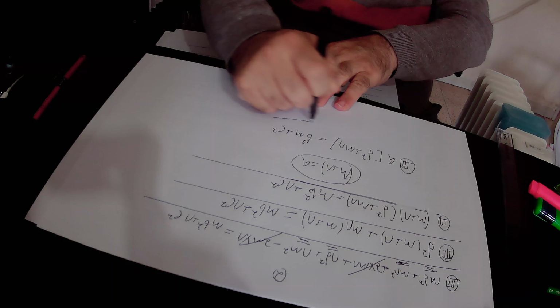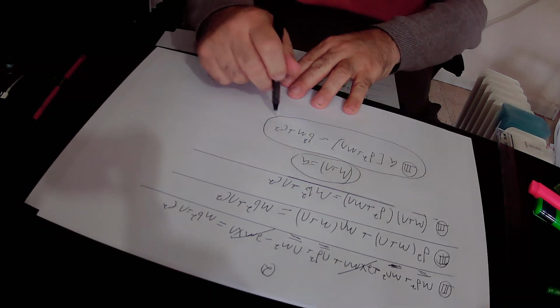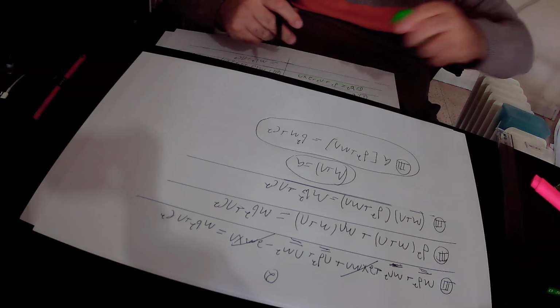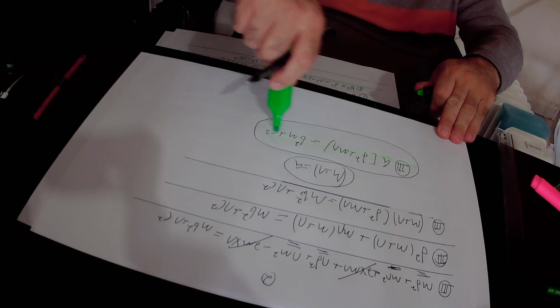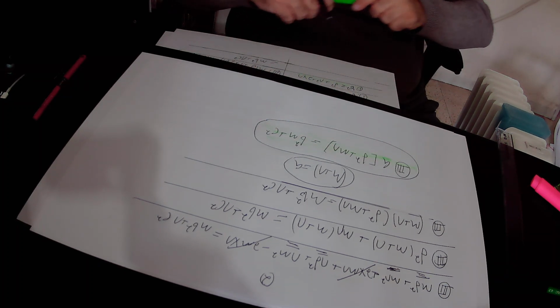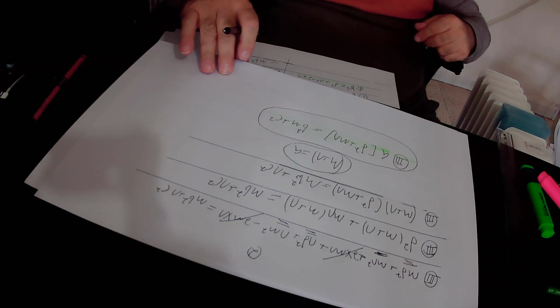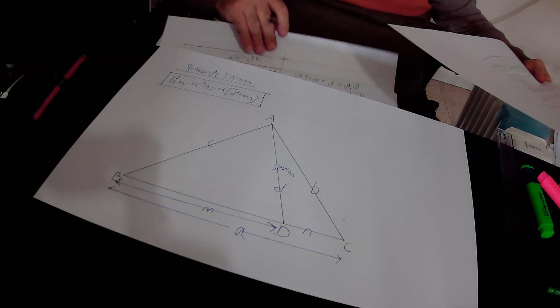And this is actually Stewart's equation. We proved that Stewart's equation is true. So we finished the first method. In the next step, we prove that Stewart's equation is true according to a second method.